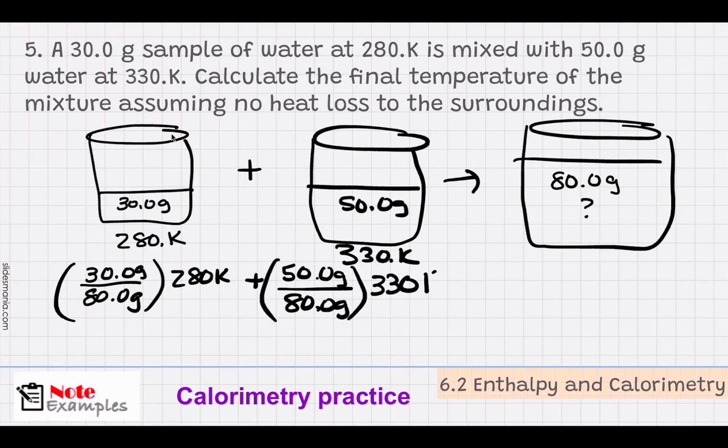So conceptually, you should see that you have a greater amount of water, so the temperature at the end should be closer to the temperature of the larger amount of the sample. And when you do this, it does work that way. You end up with 311 Kelvin.